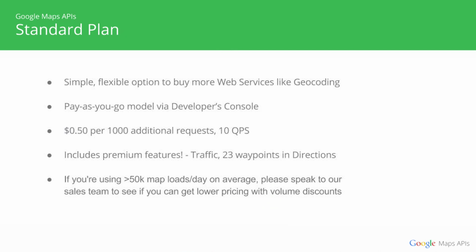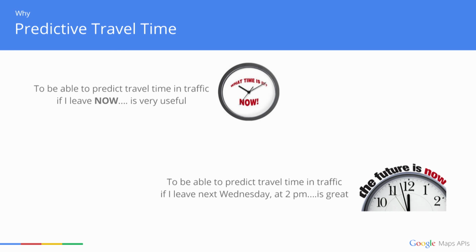Now, I know you want to tell our viewers about predictive travel time, and I'm super excited about this new feature. I always use Google Maps to check the best route so that I spend the least amount of time stuck in traffic. And with predictive travel time, planning a trip way ahead of time is now going to be possible for our users. Elena, please tell us more about this.